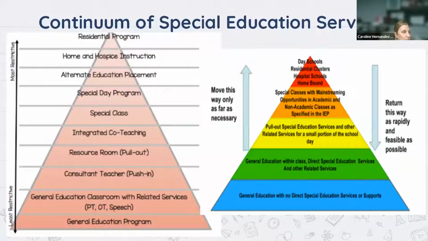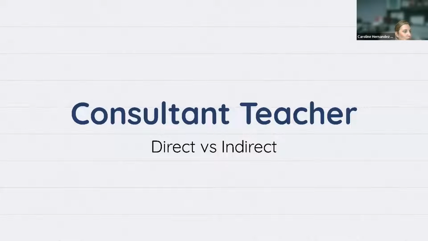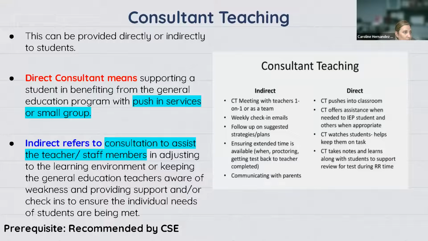There are some other cases where a student might need either consultant services, whether it's direct or indirect. And what that means is that there's a special education teacher who is assigned either to push in the general education classroom and provide support to the student, either one-on-one or in a small group.